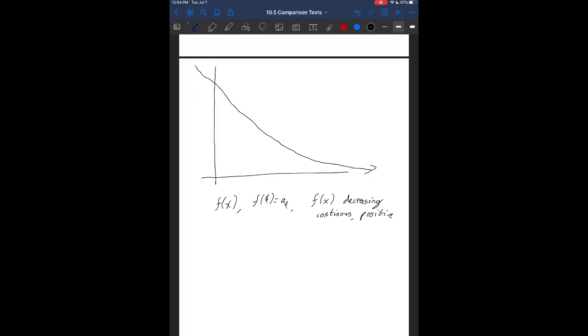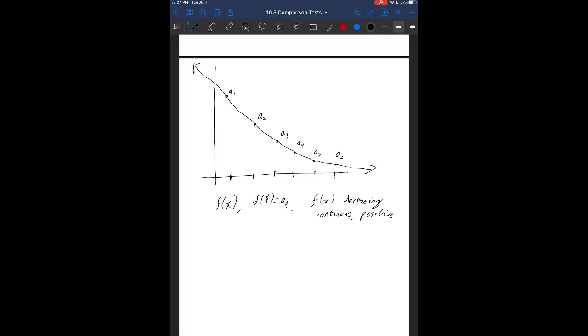So what this means is, I have some function that might look like this right here. And at all integer values, those are going to be the values of my sequence. So this is a1, this is a2, a3, a4, a5, a6.